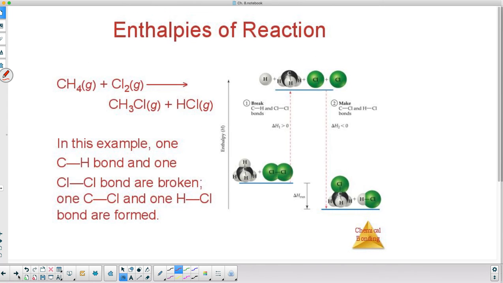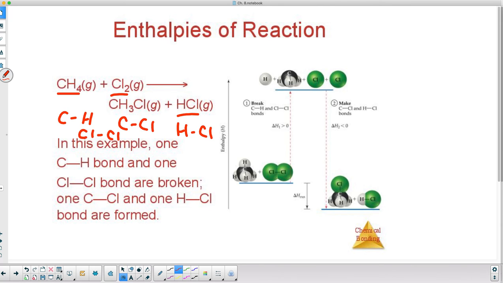Here's one example, but in the problem sets we're going to do a couple more. So here we have CH4 and Cl2, and then we break one of the CH bonds to form a CCl bond. And then you see over here we're forming an HCl bond. So you have to keep count of everything.